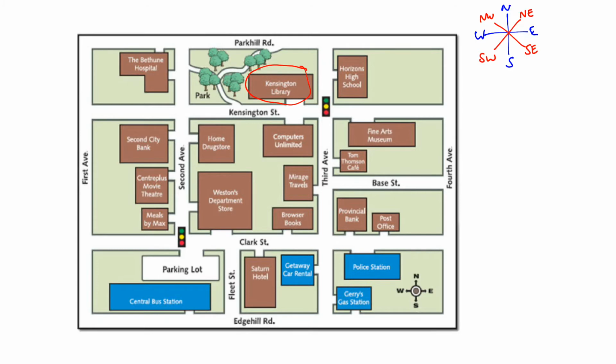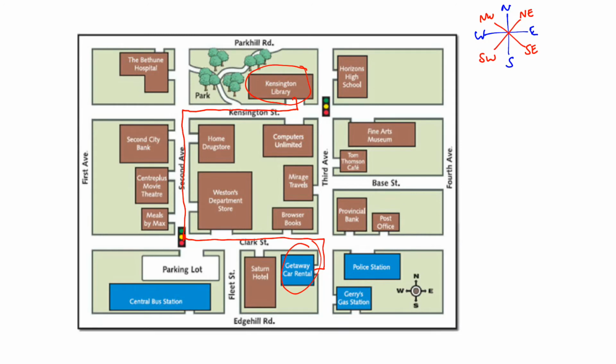When you get to the traffic lights, head east on Clark Street, go through the first junction. At the crossroads, head south on 3rd Avenue, and it's the first building on your right-hand side. Do you know where you are? Car rental. Okay, because the journey that I described was this.